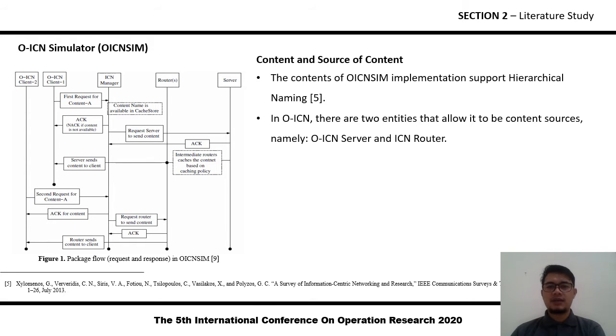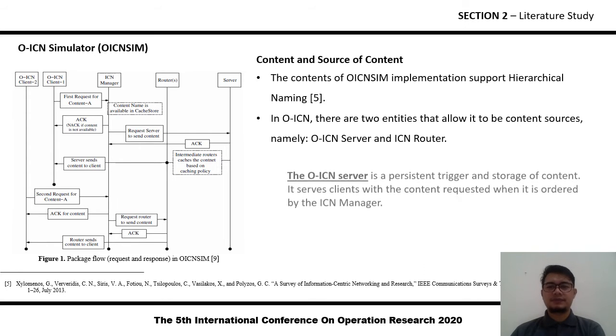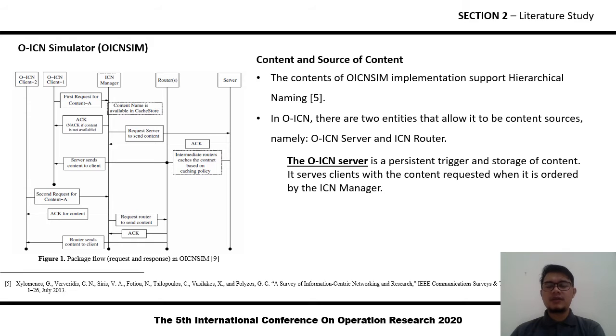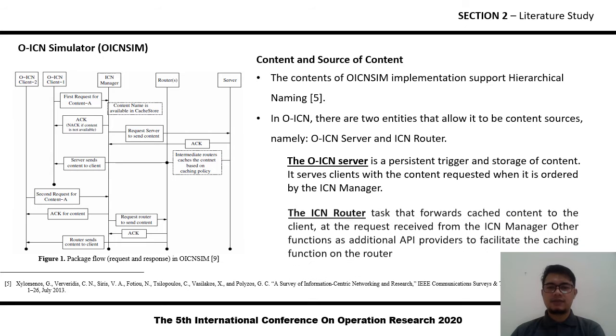In OICN, there are two entities that allow it to be a content resource, namely OICN server and ICN router. The OICN server is a persistent store and source of the content. It serves clients with the content request when it's ordered by ICN manager.